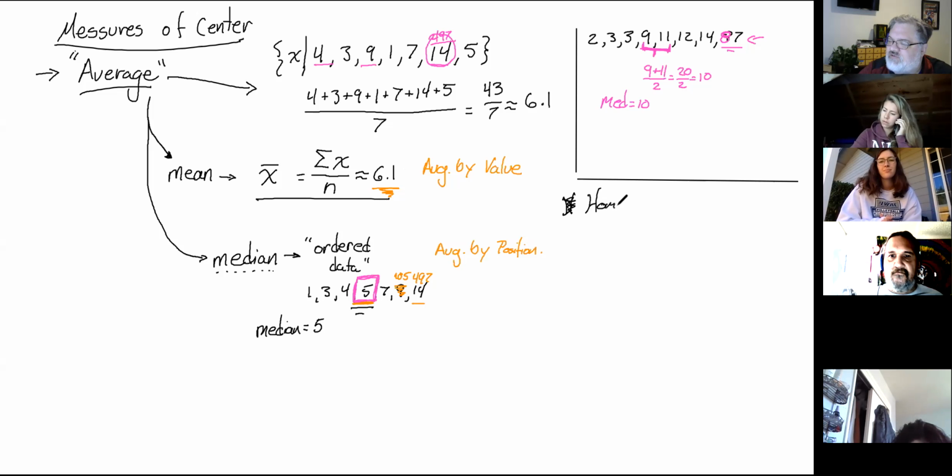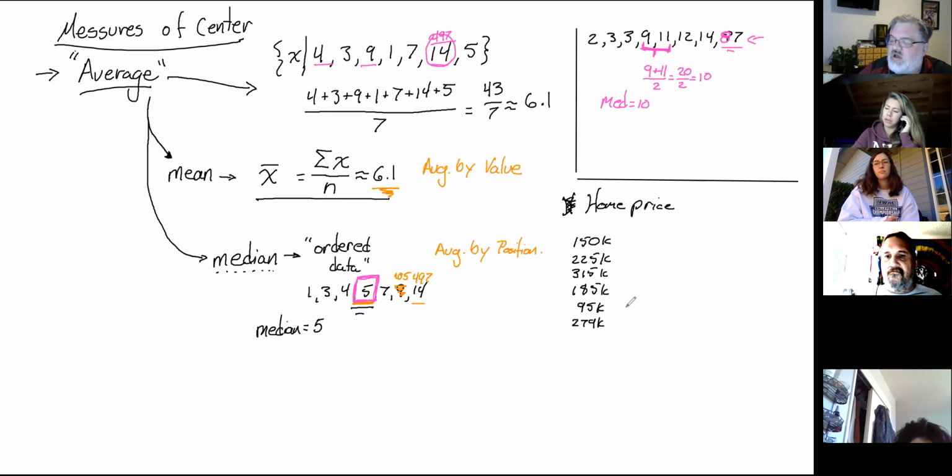If you look at home prices in the area, you might find some homes that are, say, 150,000. You might find some homes that are 220,000. You might find some homes that are 315,000. Find another one that is 185. You might find some that are less. Not hard in this market, but you might find some that are lesser. So you'll find a bunch of different home prices, and you want to know, okay, what's the average home price?